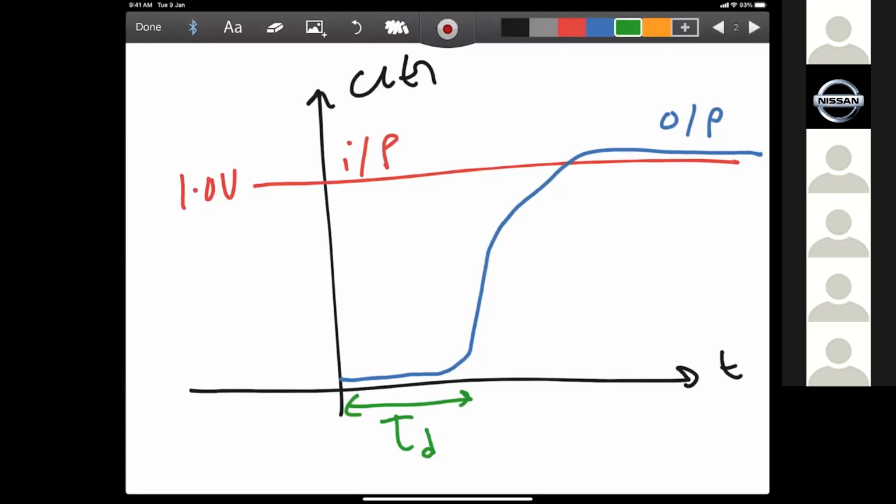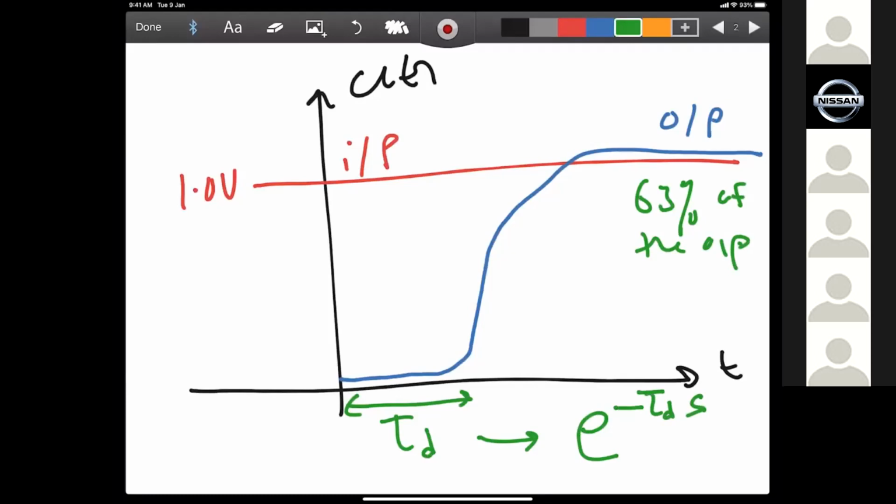Usually the mathematical representation is exponent minus theta S, where S is the Laplace operator. Then the time constant is 63% of the output.